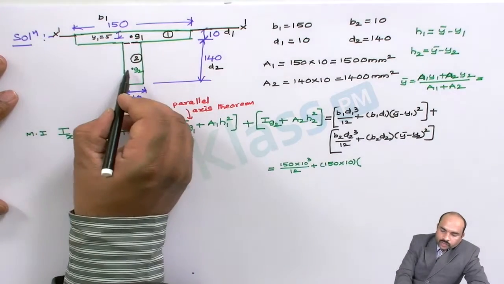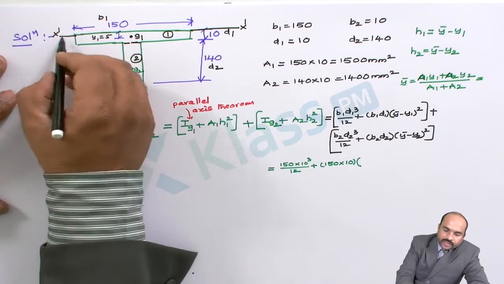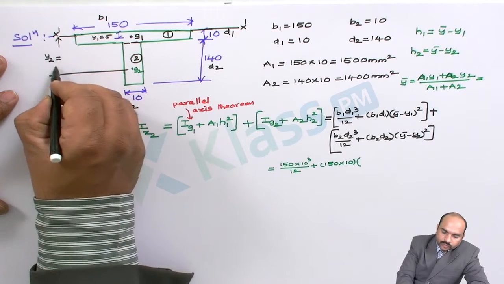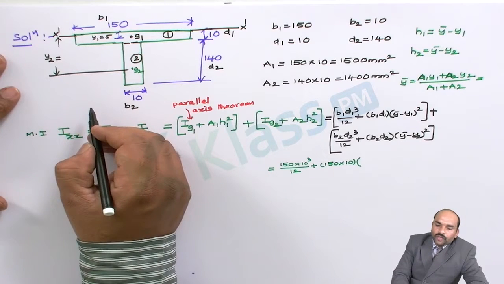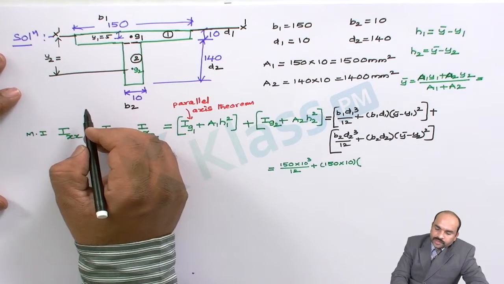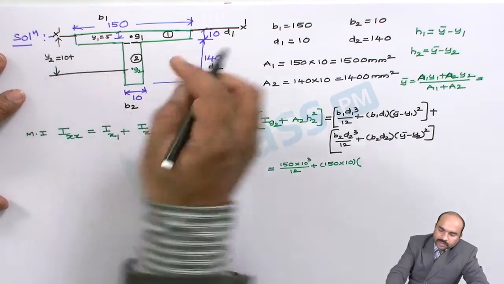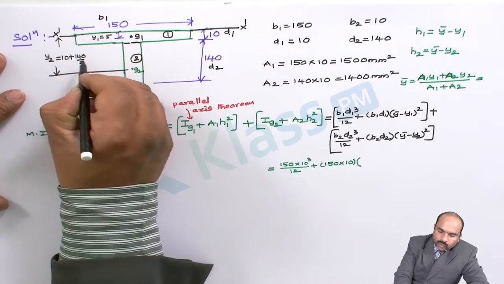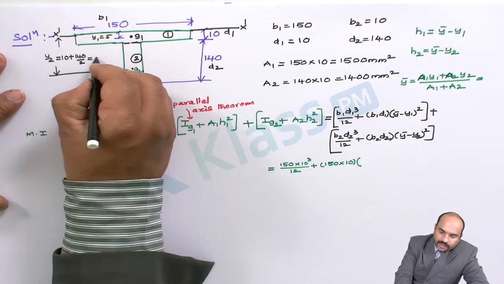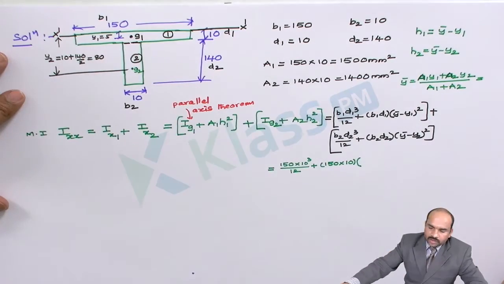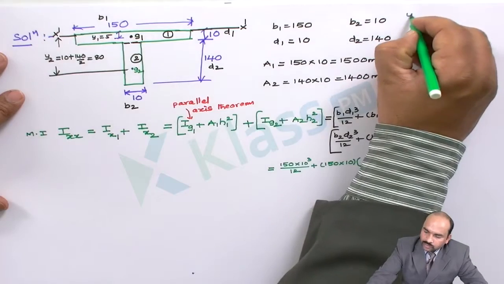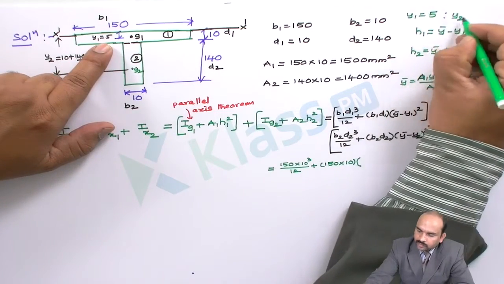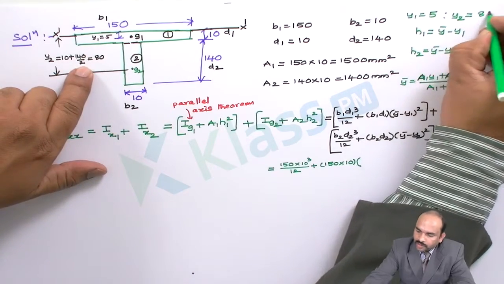Now y2. From the center of the second rectangle up to the reference axis is y2. So y2 is 10 plus half of 140, that is 140 by 2, which is 70, plus 10, 80. So y1 is 5 and y2 is 80.